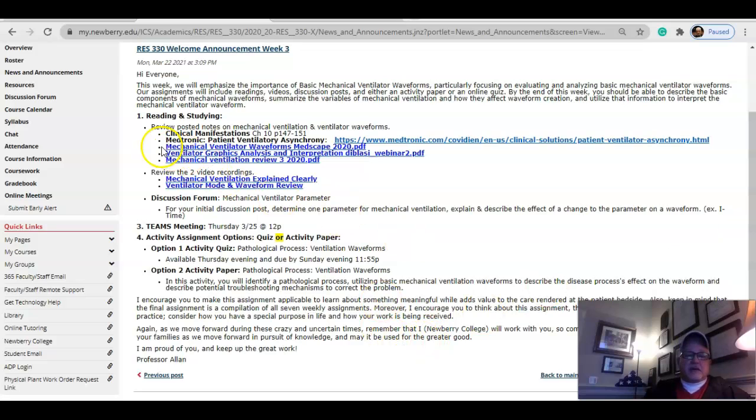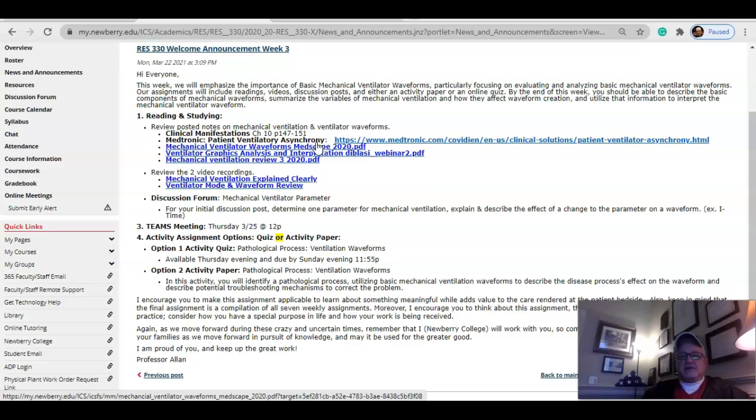This week we do have some different readings. One is going to be a few pages from the Clinical Manifestations book, chapter 10, page 147 through 151. Then we also have a Medtronic patient ventilatory asynchrony. This is actually a learning program.